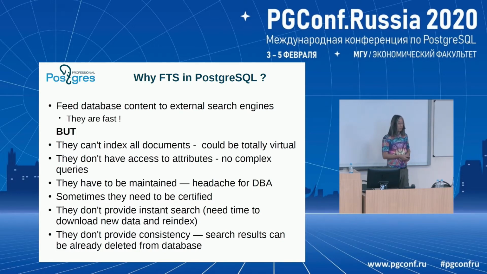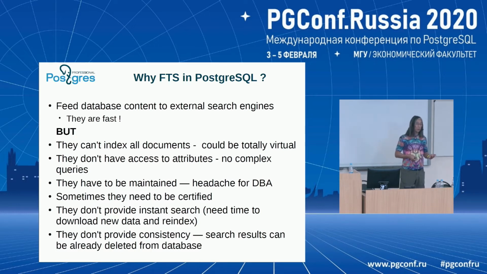External engines should be maintained, and this is a headache for DBAs, especially when it comes to Elasticsearch, because they can crash and you have to maintain them. I saw a system with Sphinx, with another daemon on top of it monitoring it, and another daemon monitoring that daemon. So that is just another, additional point of failure that you don't need. Some systems must be certified, which is another problem.